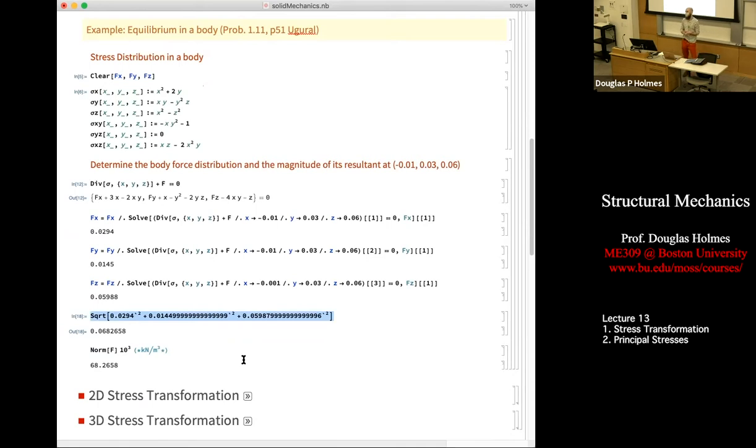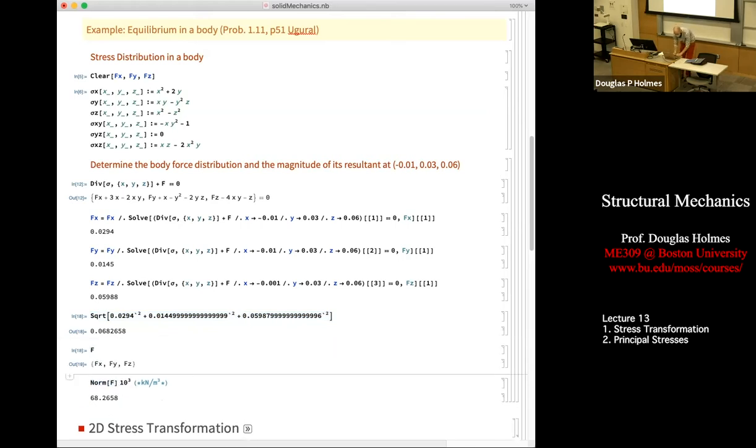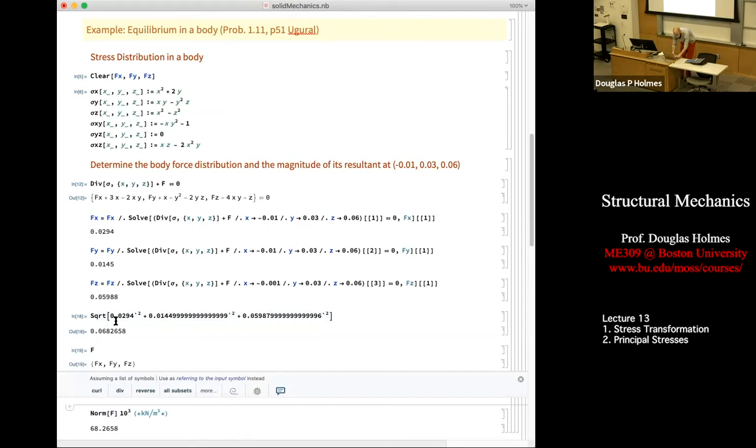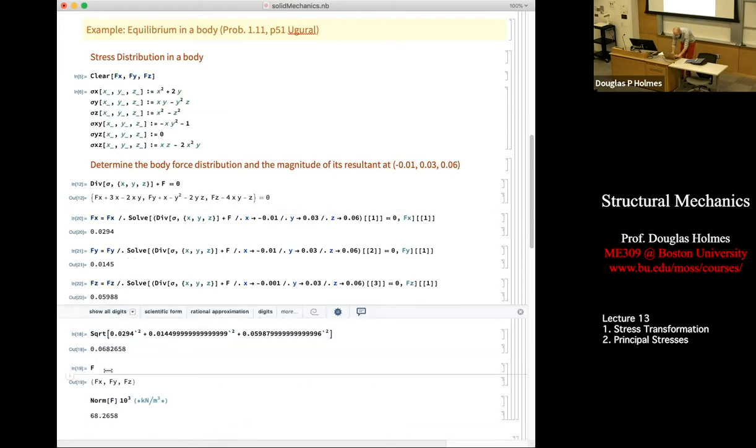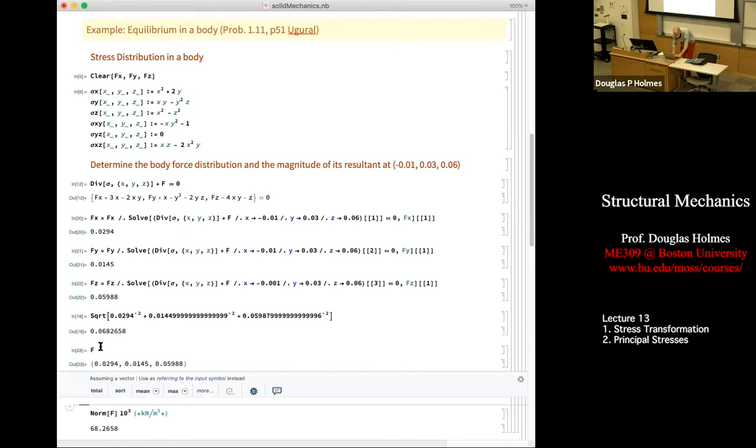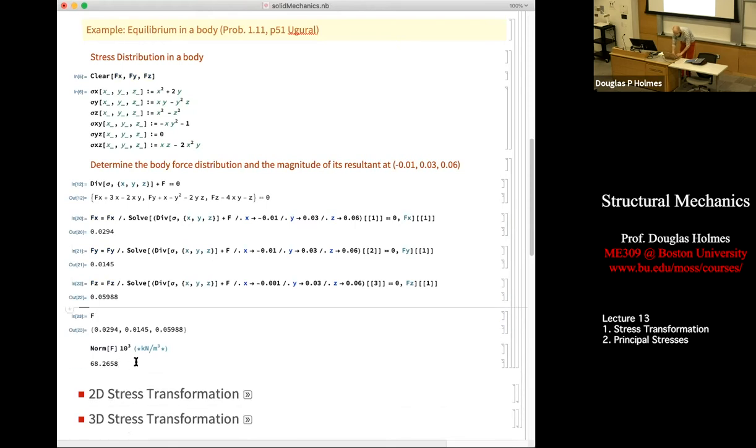At some point in your life, you learned the magnitude of a vector is the norm of that vector, or it's all the components squared, take the square root, and you get the magnitude of that vector. So in Mathematica world, you could just say take the norm of f. Because now we know fx, fy, fz. I never ran these, run them. Now f is a vector with those things, and the norm of that vector is this thing here.